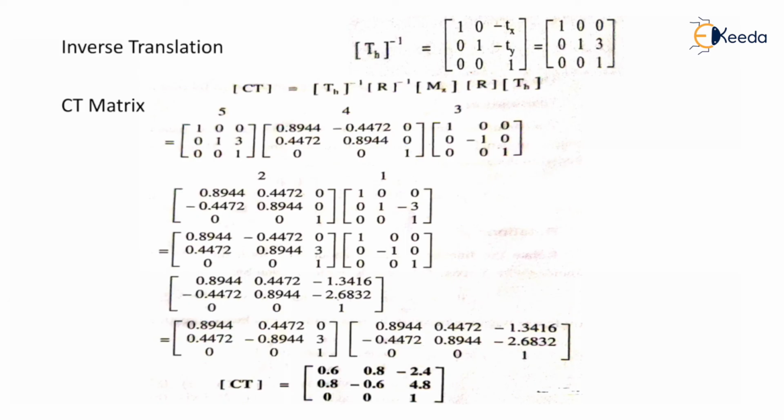Okay, or you can do the multiplication in your own way. Nothing is permanent; for simplicity you can do any type of matrix multiplication. Okay, so you can calculate the CT matrix: 0.6, 0.8, minus 2.4, 0.8, minus 0.6, 4.8, 0 0 1.